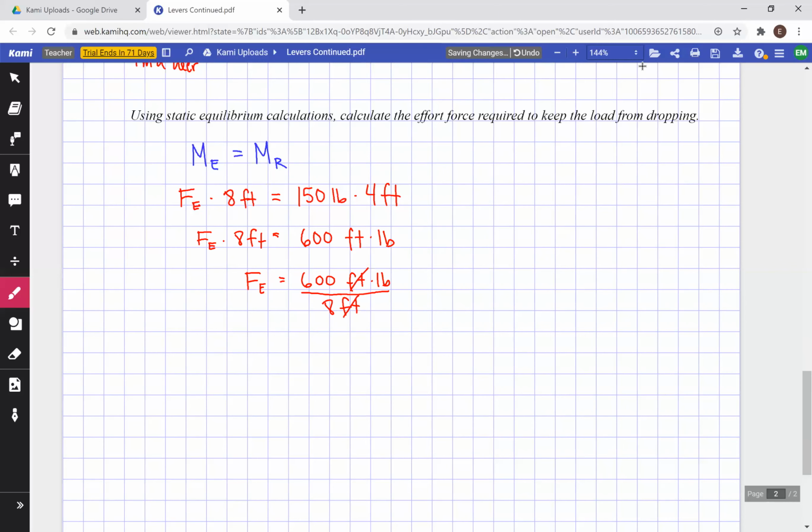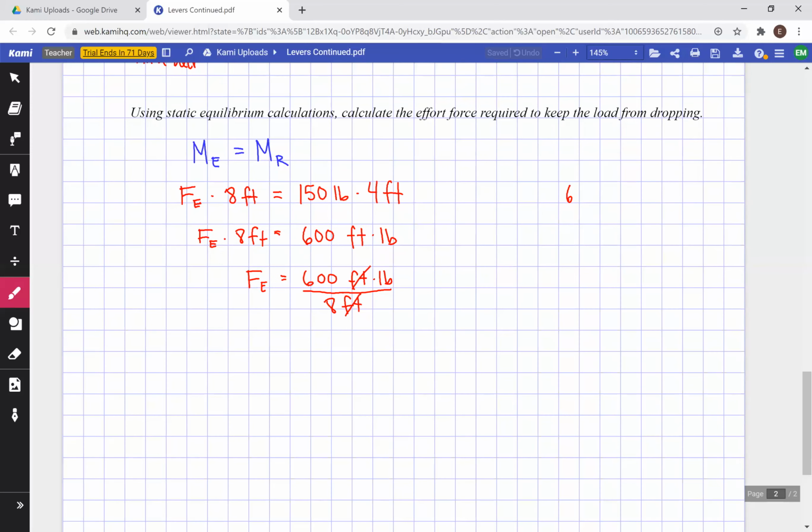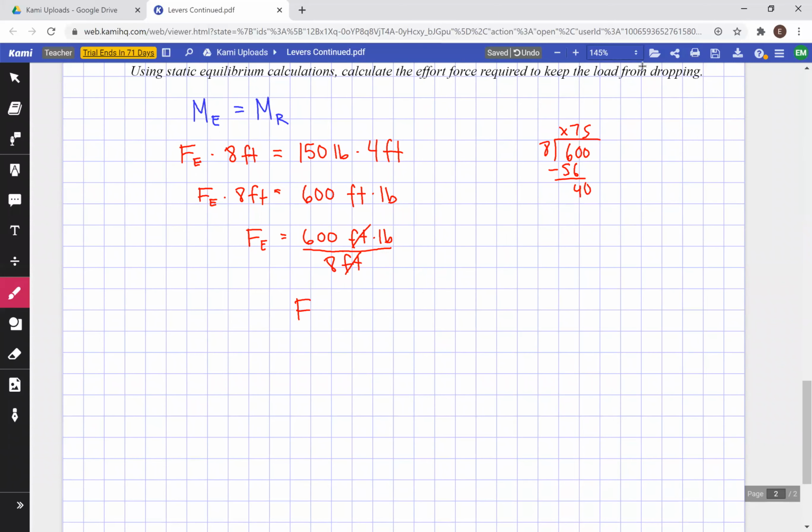We can do 600 divided by 8, which is 75? Don't quote me on that. Let's just do it real quick. 8 doesn't go in 8 times, it goes in 7 times. 56, 40, 0, 75. Yeah, okay. So the effort force would be 75 pounds.